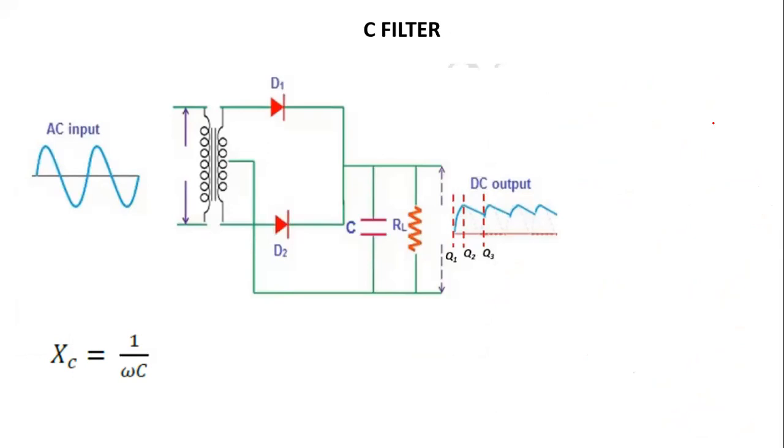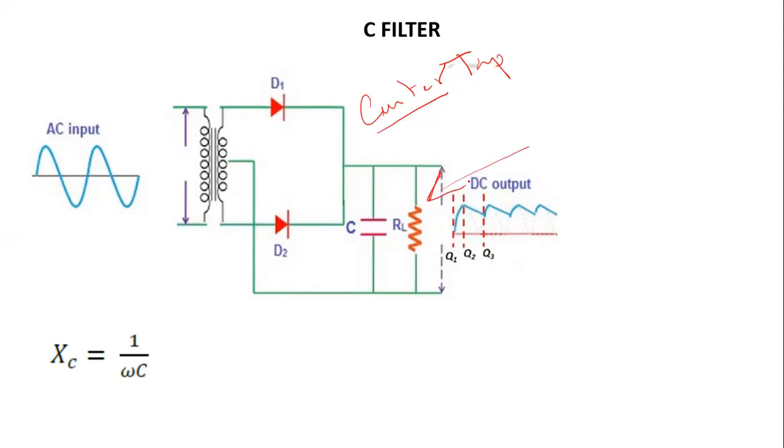So this is your center tap full wave rectifier. Remember, center tap full wave rectifier. This is the output of the rectifier, where you can measure the voltage across this output.